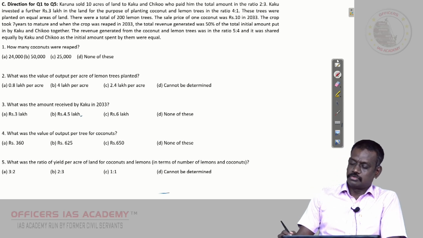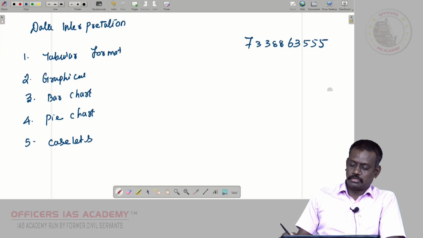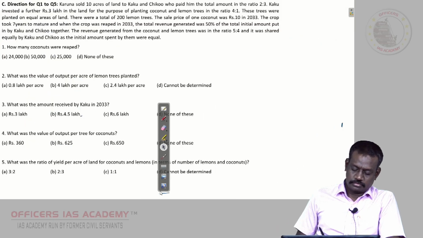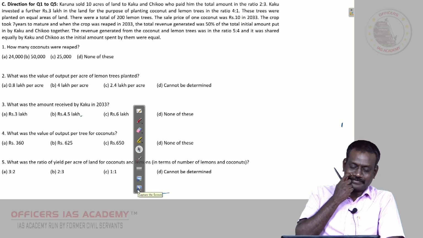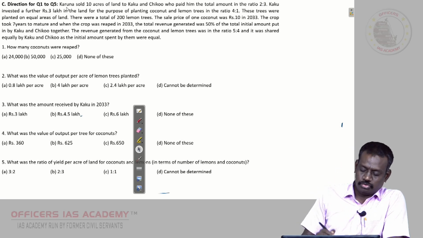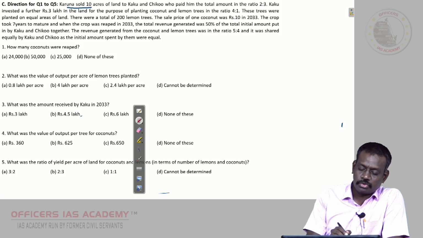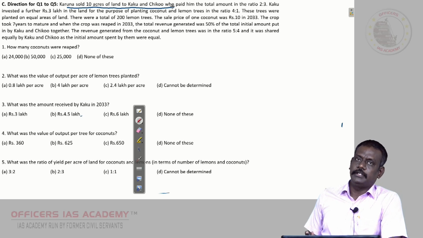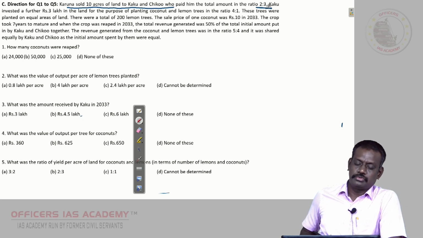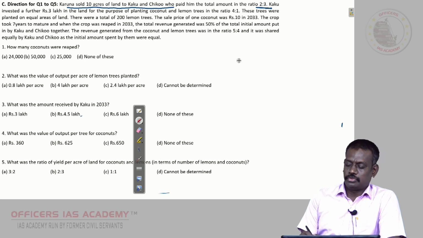Okay, so listen children, I will solve the problem. So first it is given Karuna sold 10 acres of land to Kaku and Chikku, totally 10 acres, who paid him the total in the ratio 2:3. So here we have Kaku and here you have Chikku.